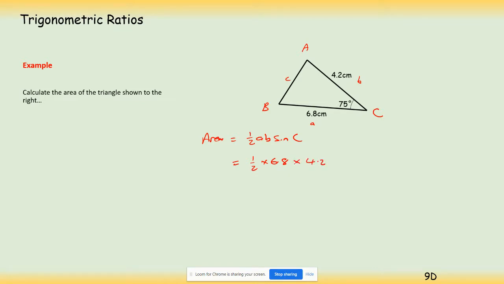In this case, I'm using times instead of the dot because we've got decimals here, so it could cause confusion, times sine of 75. I want you to plug that into your calculator and make sure you check that you should be getting 14 centimeters squared.